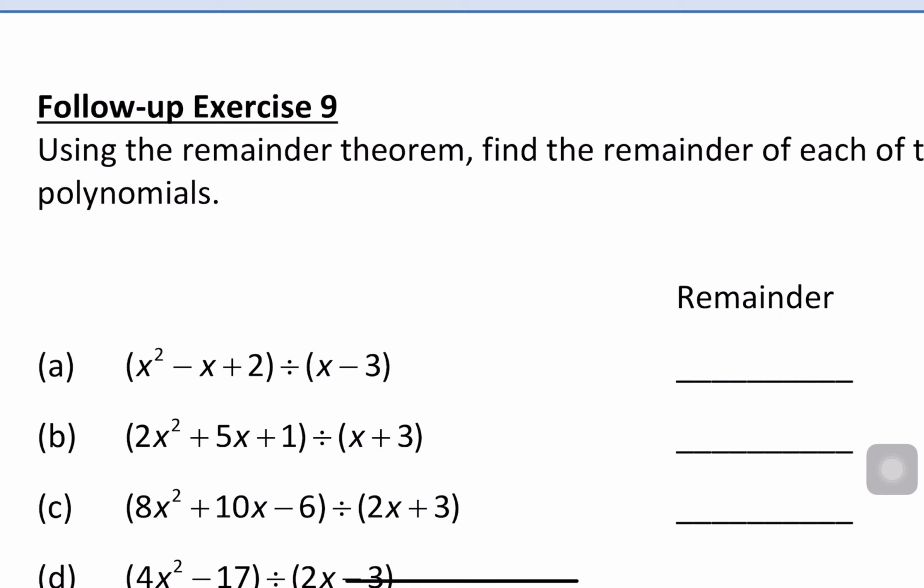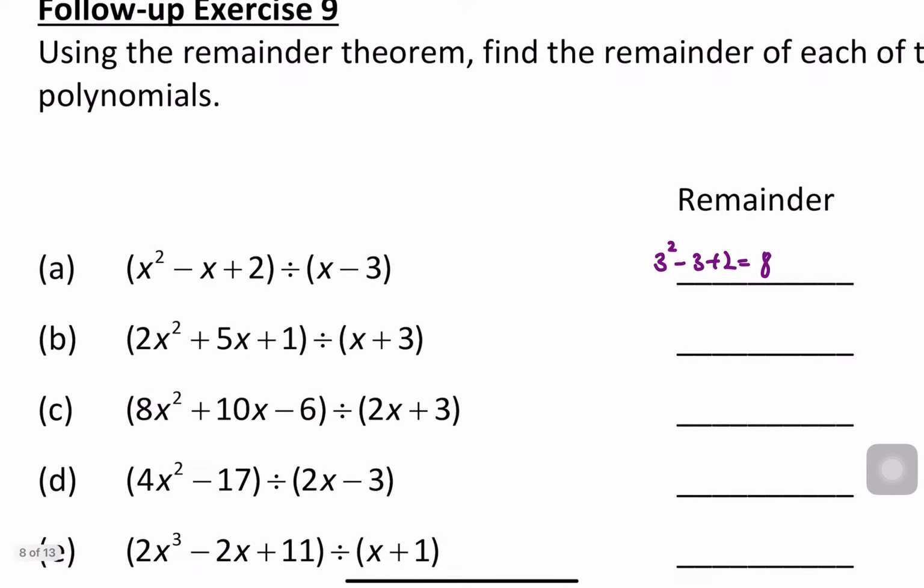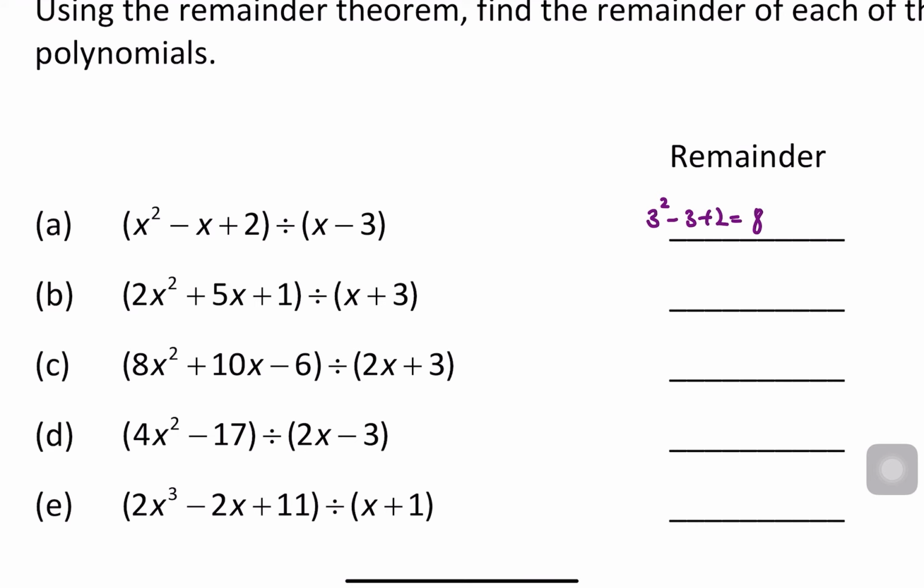Okay, let's check the answer. Shortcut method: consider this term is equal to 0, so x is equal to 3. So the remainder is equal to 3 squared minus 3 plus 2, which is 9 minus 3 is 6, so this is 8. Okay. How about B?